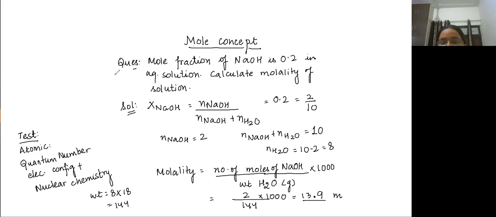Copy this. If this is done, let me know. If you are doing it by 0.2, then moles of water become 0.8. So 0.2, 0.8, then also you will get the same answer. Both ways are correct.